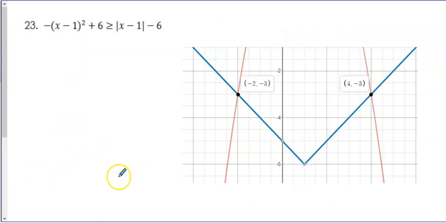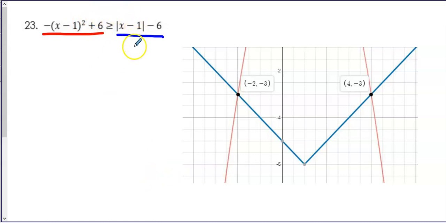Number 23. This one is an inequality. So what I want to look at is the parabola. The red one is this part right here, and then the blue one is this part. So I need to look at, it says red is greater than blue.